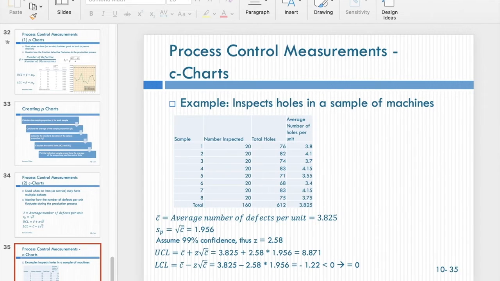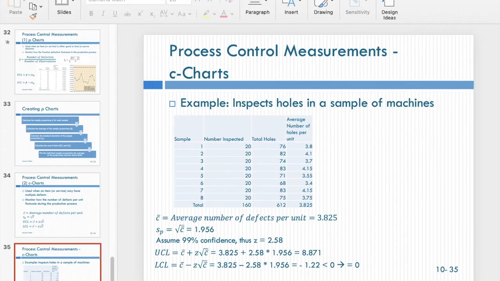Let's say you are trying to inspect the holes in a sample of machines. Here I give you the data. We grabbed 8 different samples, and within every sample, you inspect 20 different units of the same type of product.